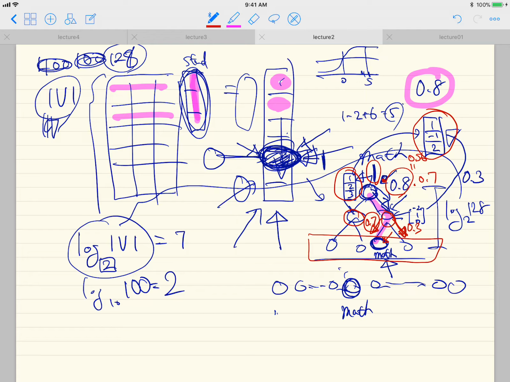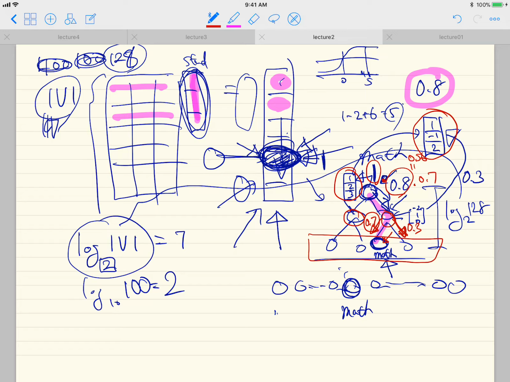So even if we didn't compute the probability for all the other unobserved words, we only computed the probability to reach the leaf node of math, we can still guarantee that if we compute all the other paths reaching the different leaf nodes and add them up together, they will all sum up to 1.